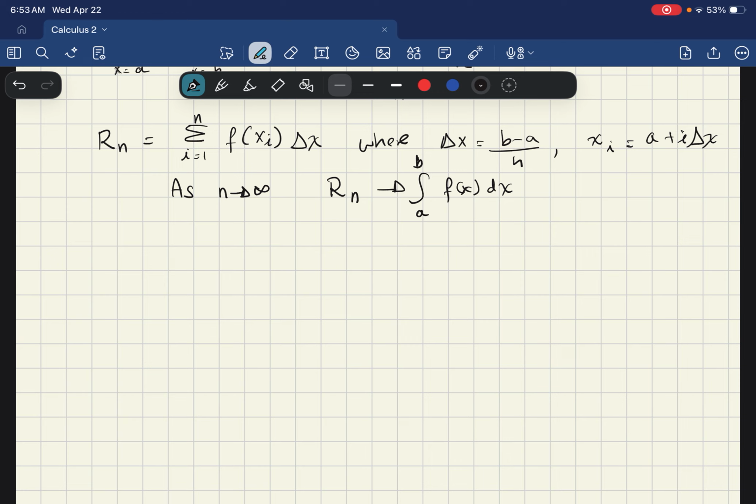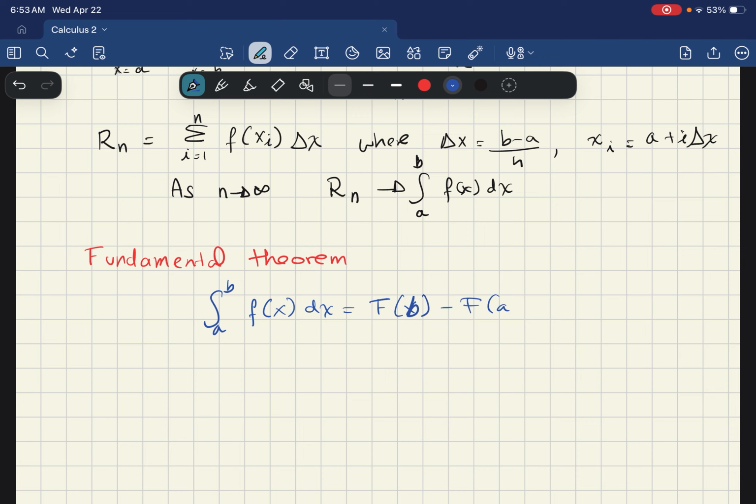Now let's look at the fundamental theorem of calculus, of integral calculus. The fundamental theorem of integration says that when we have an integral from a to b, so a specific limit, of f of x dx, it's equal to F of b minus F of a.